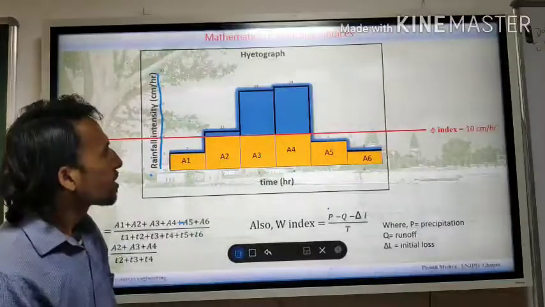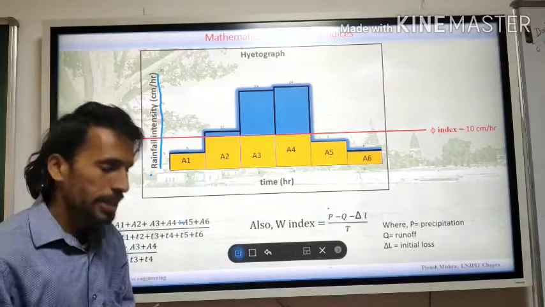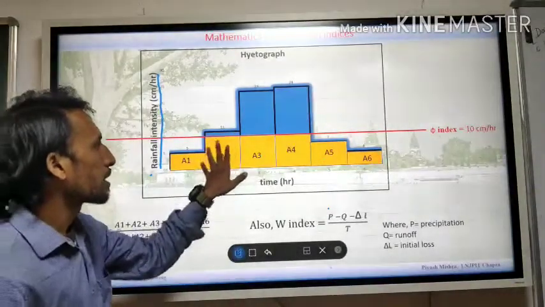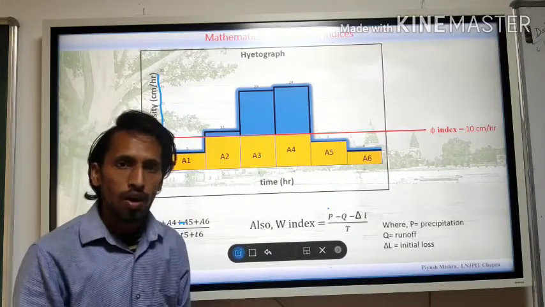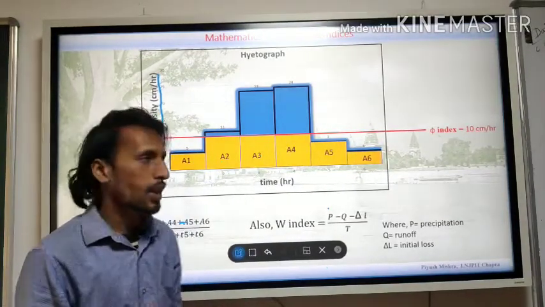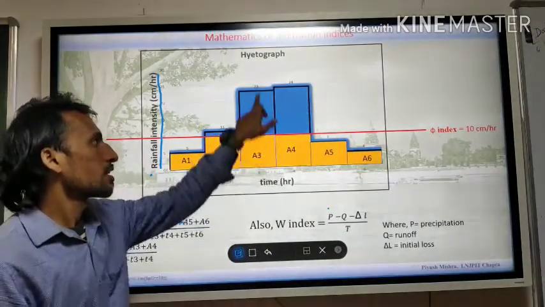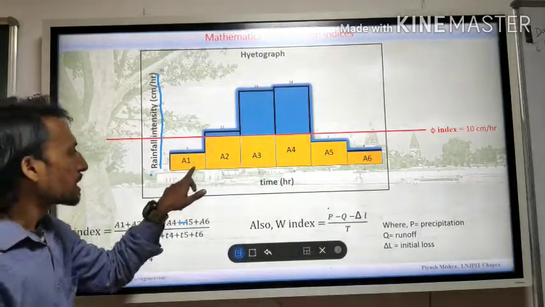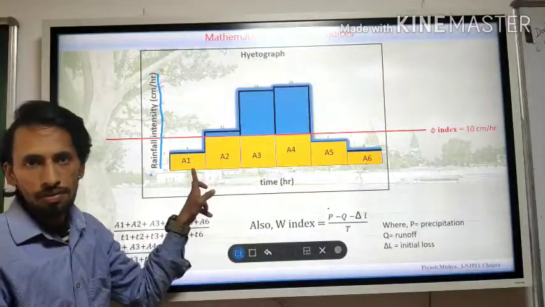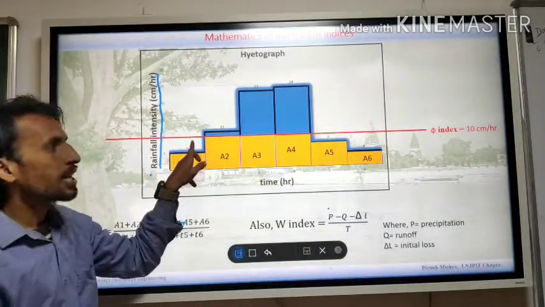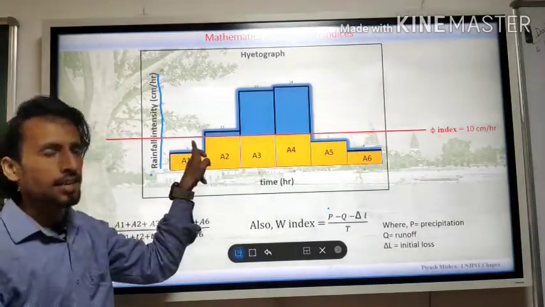Now when it will be W index and when it will be phi index, again you can observe here. If you want to calculate the average rate of infiltration, you have to take all the rainfall which is creating runoff and which is not creating runoff, like A1, this whole one. This block is not producing any runoff, because it is lesser than the infiltration capacity of the earth, so all the water will go inside the earth.